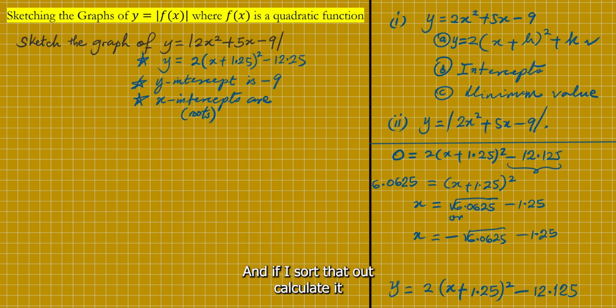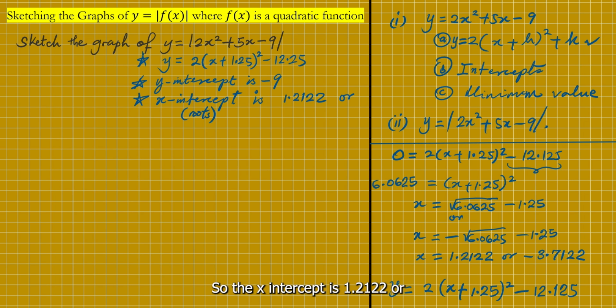And if I sort that out, calculate it, I get x equals to, so the x-intercept is 1.2122 or negative 3.7122.